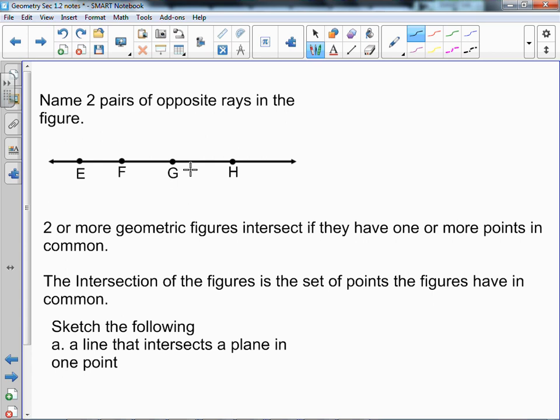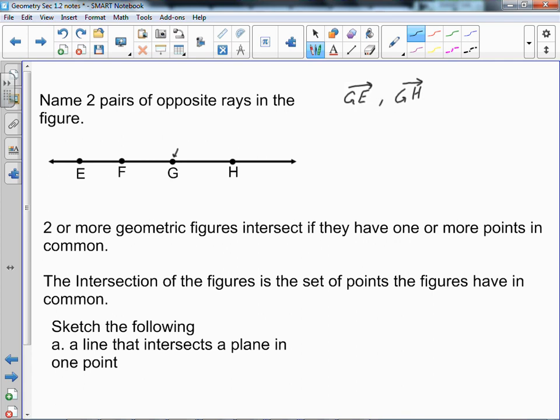If we use G as the initial point, we can have ray GE that would go with ray GH. Right, so G going through E, it's going to the left, G going through H, it's going to the right. So those would be a set of opposite rays.